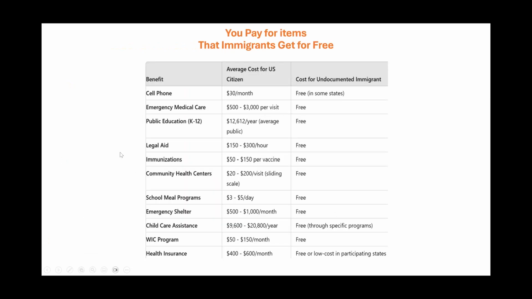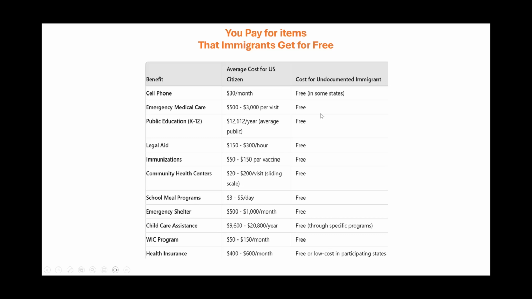The downside of illegal immigration policy is you encourage people into the country, and when they get here, this chart's a little frustrating. If you're a citizen, if you're a taxpayer, if you're an individual, again, doesn't matter what color you are, what class, what neighborhood you come from, you have expenses for you and your family: a cell phone, legal aid, health care, medical care, shelter.